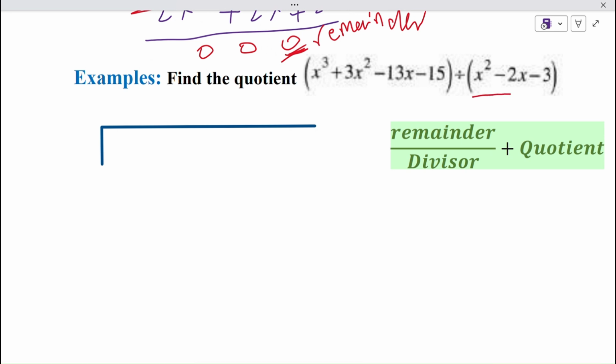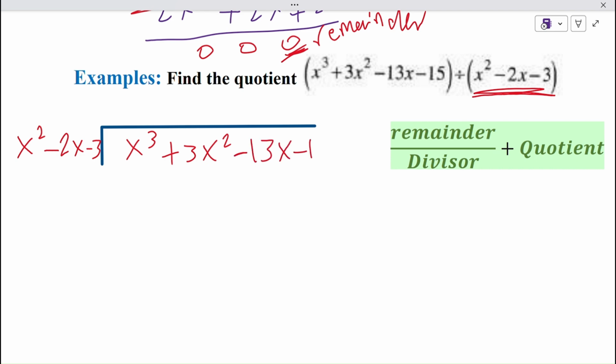At first, write this one here, x to power 2 minus 2x minus 3. I'll write this one here, x to power 3 plus 3x to power 2 minus 13x minus 15. I told you at first, just divide the first term by the first term.